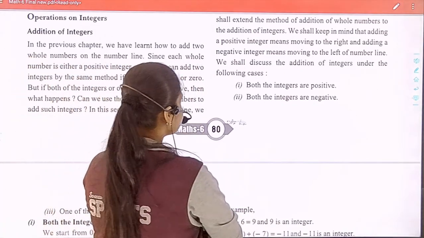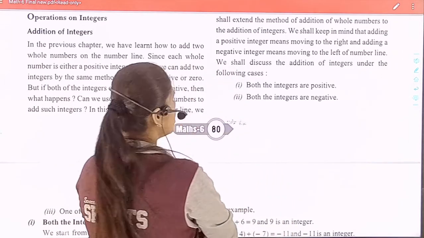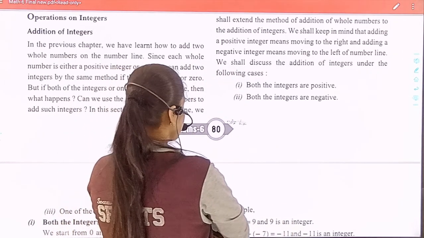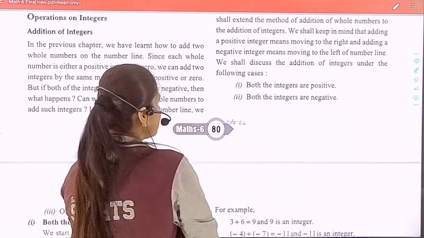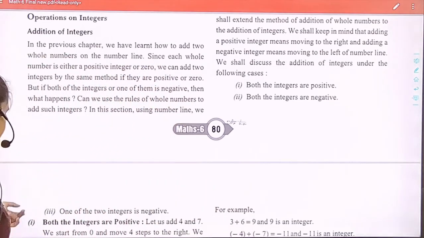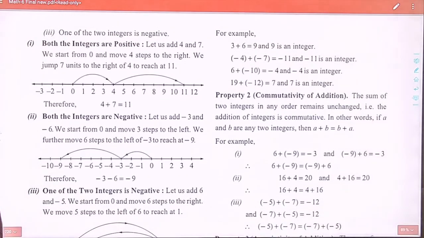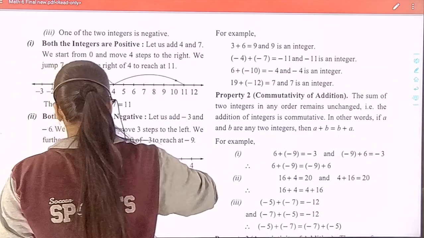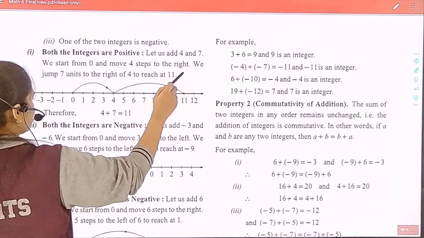We shall discuss the addition of integers under the following cases. First one is both the integers are positive, and then both the integers are negative. Right? First one, both the integers are positive. Now in this, both integers are positive, 4 and 7. So 0 to 4 and 4 to 7.